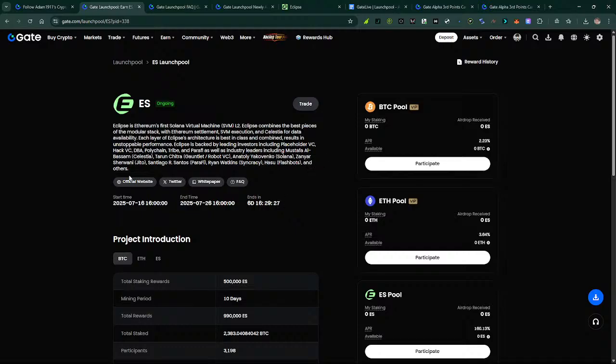And Sunny Sherwani from Jito, and Santiago R. Santos from Parafi. I know this Santos guy, but I can't remember what. As far as I know, he invested in another project as well, so that is confirmed because I have seen his name on another project.